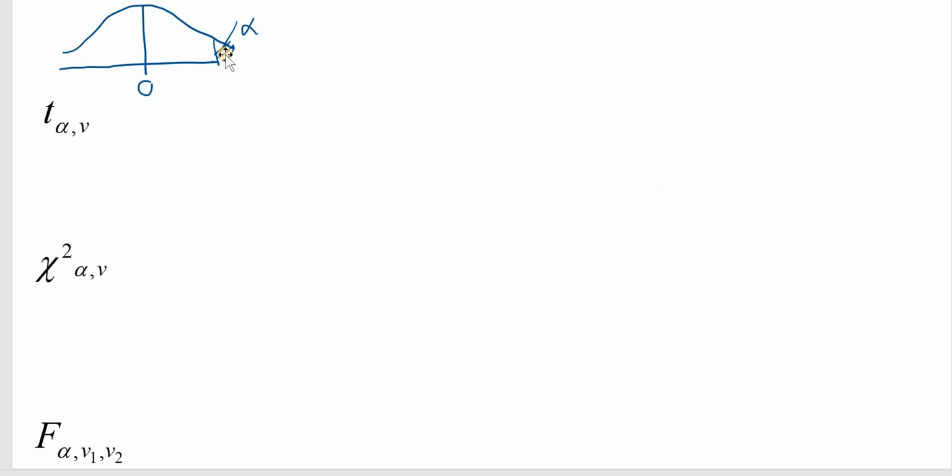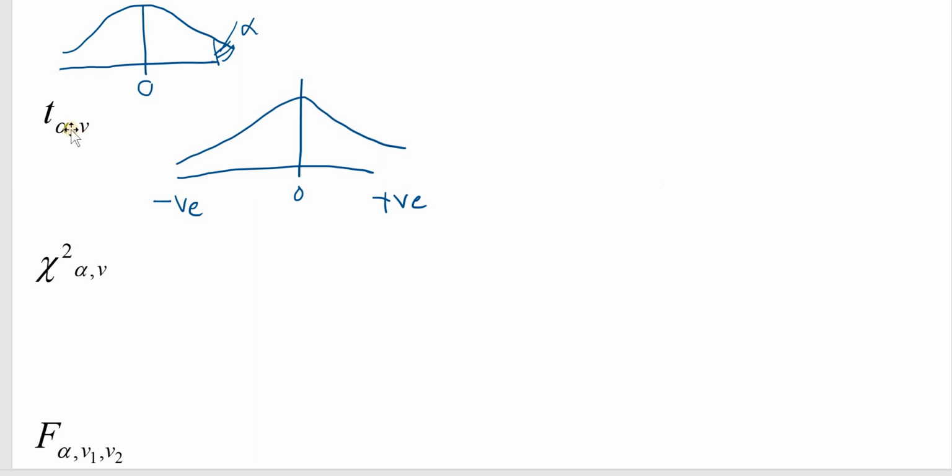The T distribution is also bell shaped and symmetric, and the middle is 0. Here is the negative value of T, and on the right hand side is the positive value of T.